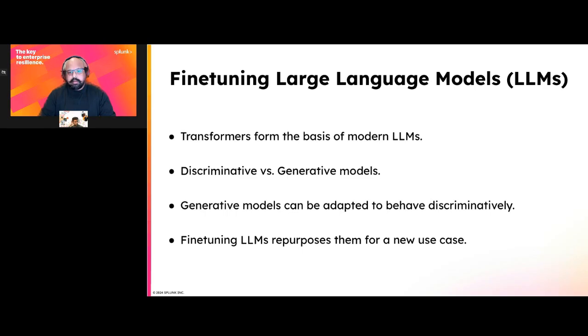You can take the same language understanding and convert it to ask questions like, is this particular sample malicious or benign? Now, this sample could mean anything, but this depends upon the use case. So fine-tuning is the process where you use a base LLM and convert it into answering questions that you are interested in. And we can use this process to repurpose LLMs to our use case.